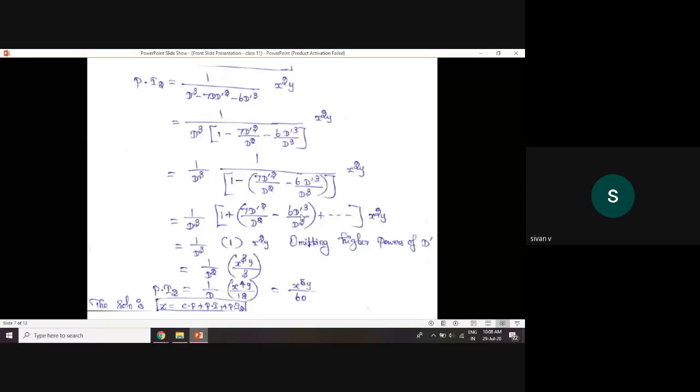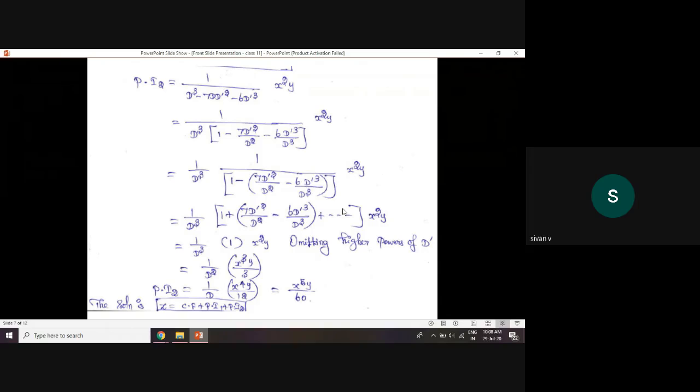So what is the highest power of D dash here? Yes, can you respond? 3. Highest power of D dash is 3. Okay, so if we take the 3rd derivative of y, what do we get? Y 3 times gives 0. Very good. Therefore this D dash cube term is also 0.